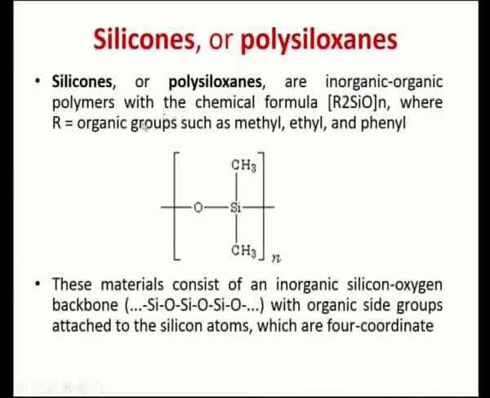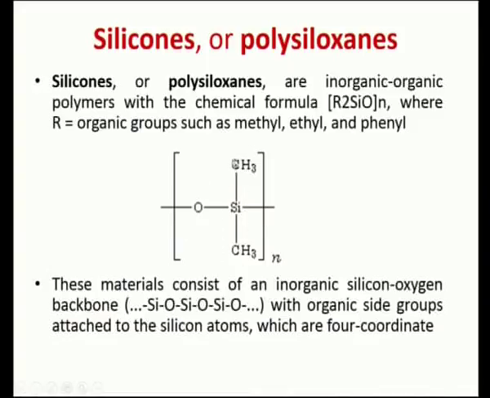So, it is generally an organic inorganic hybrid material with the chemical formula R2SiO n times, where R is an organic group such as methyl, ethyl and phenyl, etc. The material consists of an inorganic silicon oxygen backbone. This SiO keeps repeating along the entire polymer chain, which gives the backbone strength to the polymer.